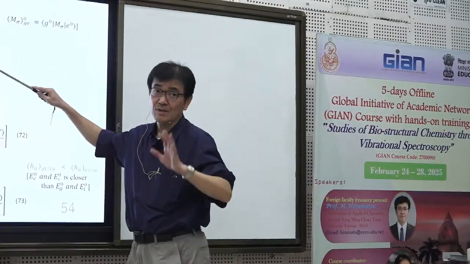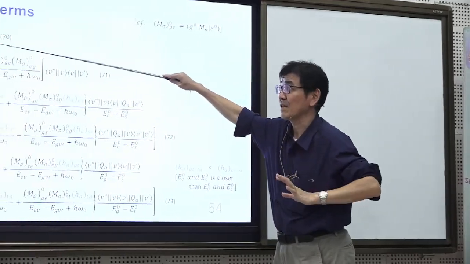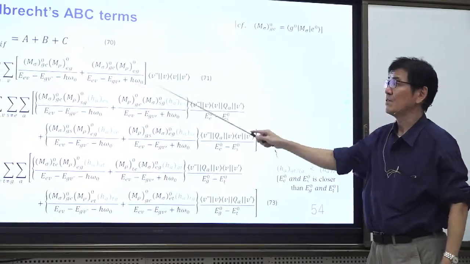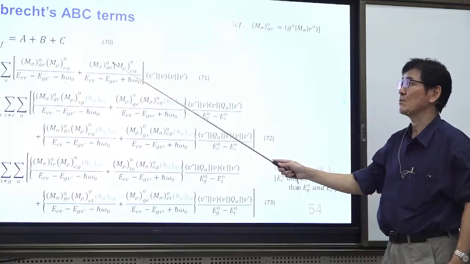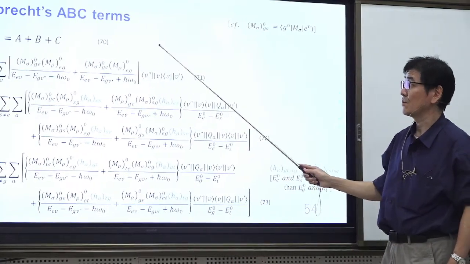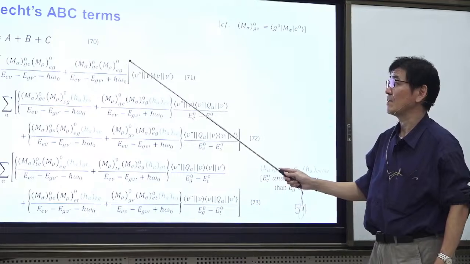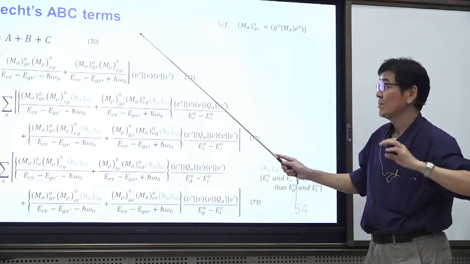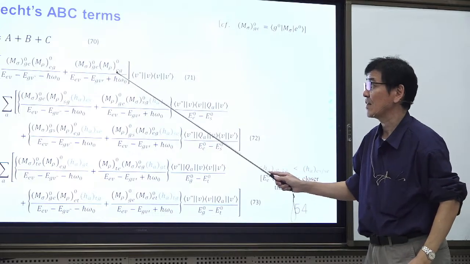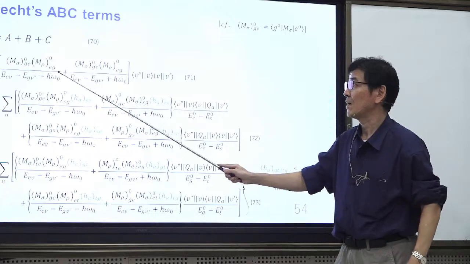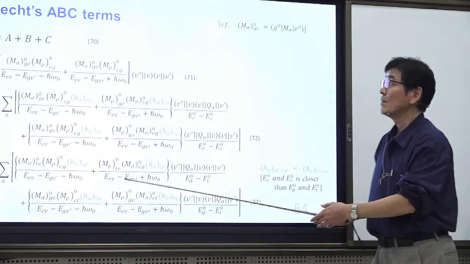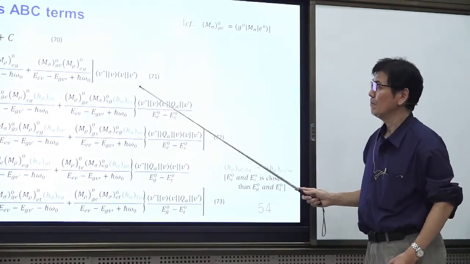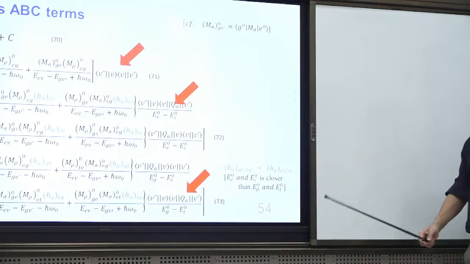The additional part contains coordinate Q. By substituting it into the Herzberg-Teller expansion, we can classify into three groups. The A group consists only of the main part of the electronic wave function. So initial, intermediate, final belong to ground, excited, ground. So the main part gives the A term.